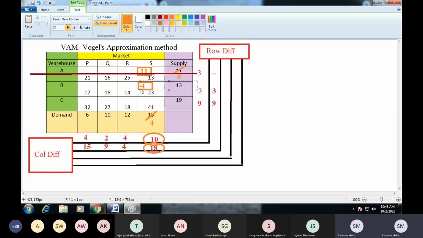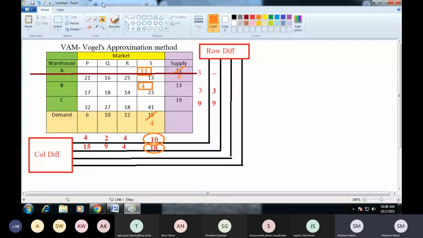So total demand becomes 0 for my market. Now, I supply 4 units from my warehouse B. So minus 4 units from 13, the remaining units available from warehouse B is only 9.